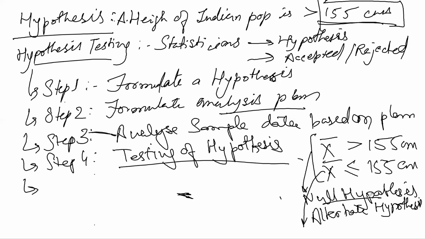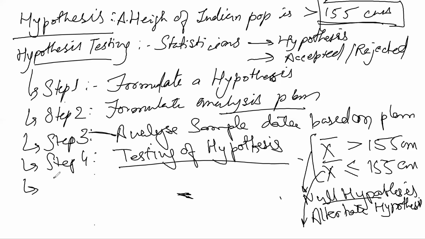Anything which you want to reject, you will choose as the null hypothesis. For example, if I want to reject the hypothesis that average height of Indian population is greater than 155 centimeters, and say, no, average height is not greater than 155 centimeters, I'll use that as the null hypothesis. Okay.